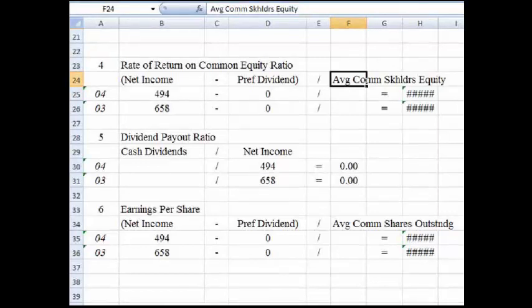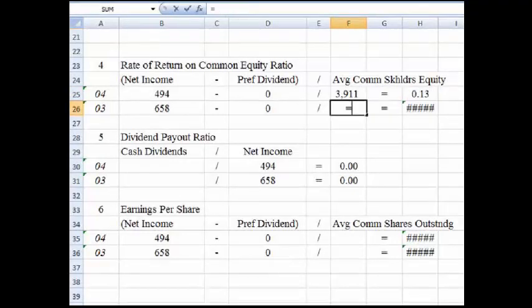The average common stockholders' equity is going to be calculated by averaging the $4,389,000 at the end of 2004 with the $3,432,000 at the end of 2005. Those numbers summed and divided by 2 go under the average common stockholders' equity for 2004.